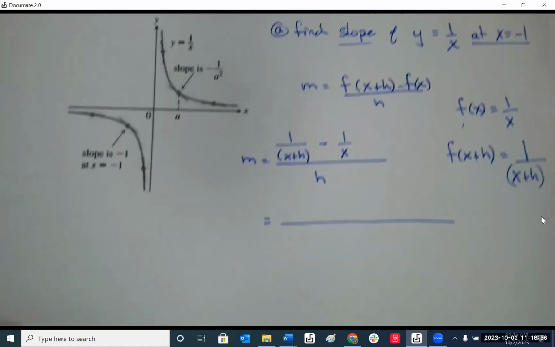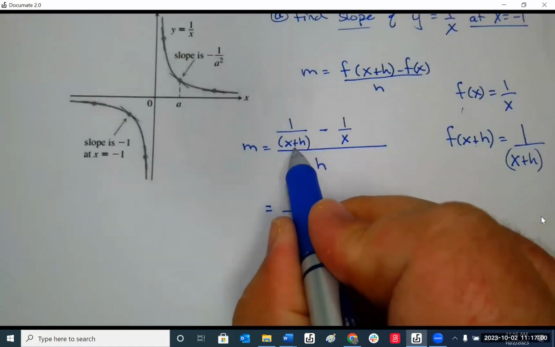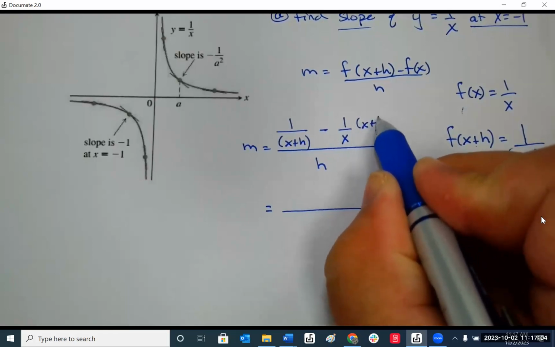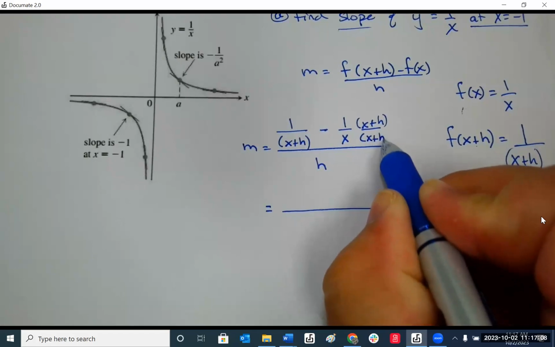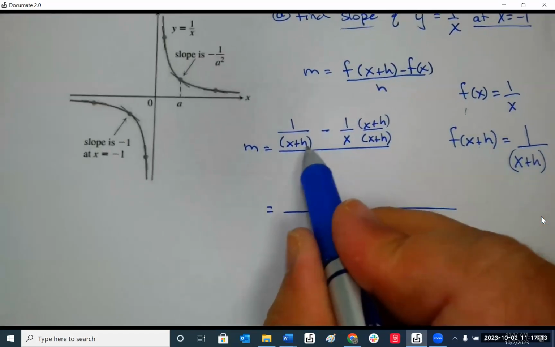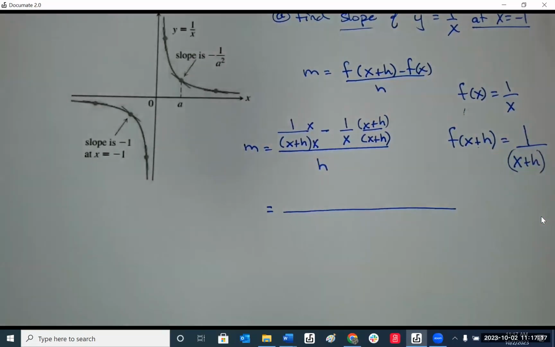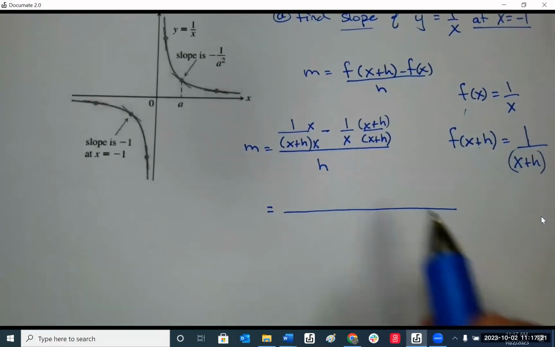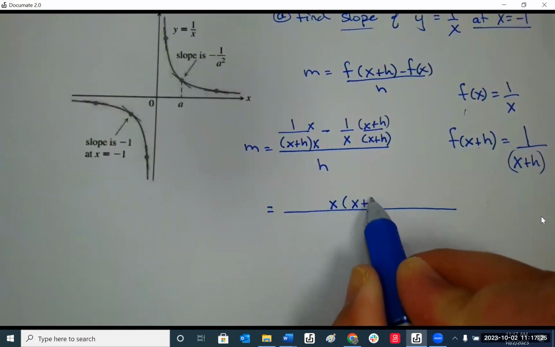We have an equation up on top, so we have to get common denominators. This one has an x plus h, this one doesn't, so it needs an x plus h, top and bottom. This one has an x, this one doesn't, so it needs an x, top and bottom. So we have a common denominator of x times x plus h.